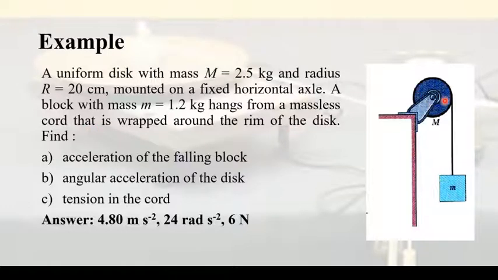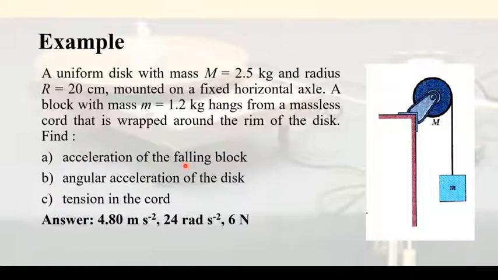So this is the disc, okay? Your pulley is the disc. And then you've got the massless cord, the massless string, you wrap it around the rim of the disc. And then there's another object hanging right here. And after that, you let it go, you let it drop.